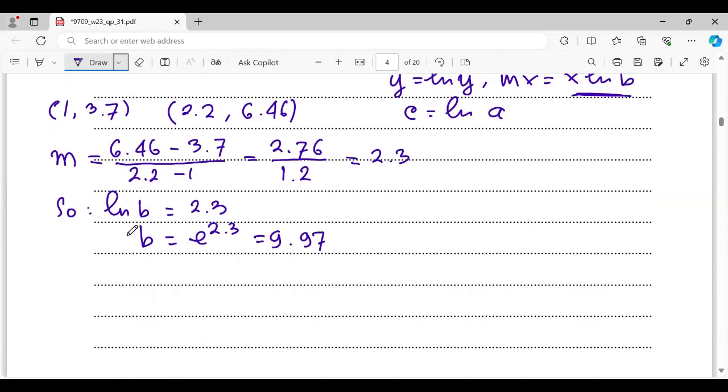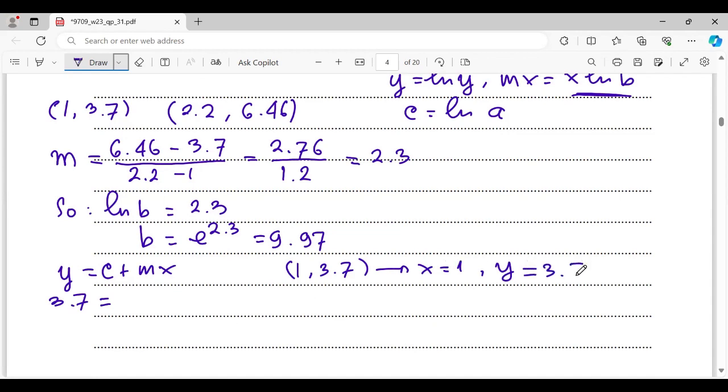Next, y equals c plus mx, and y equals 3.7 because at this coordinate point, x equals 1 and y equals 3.7.